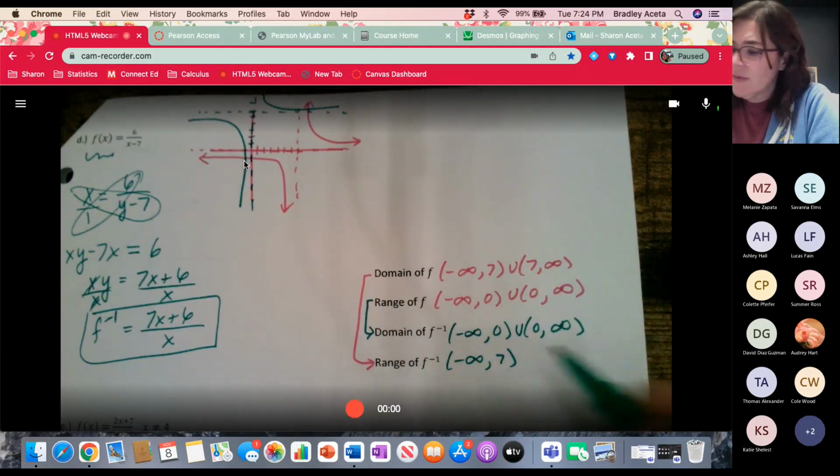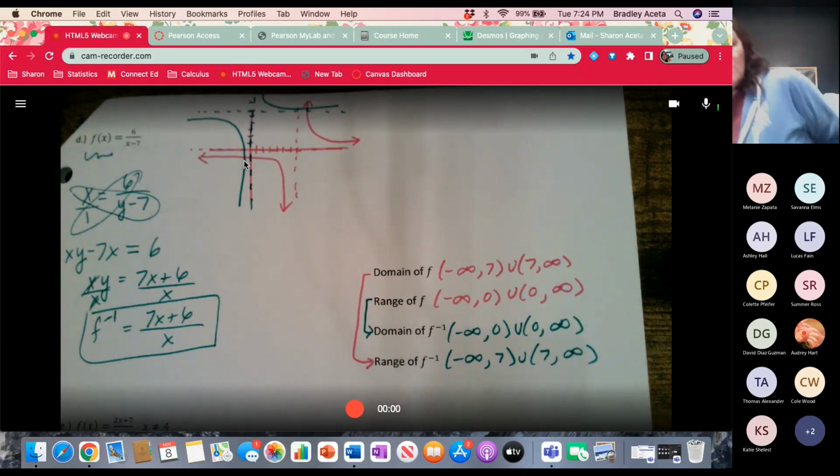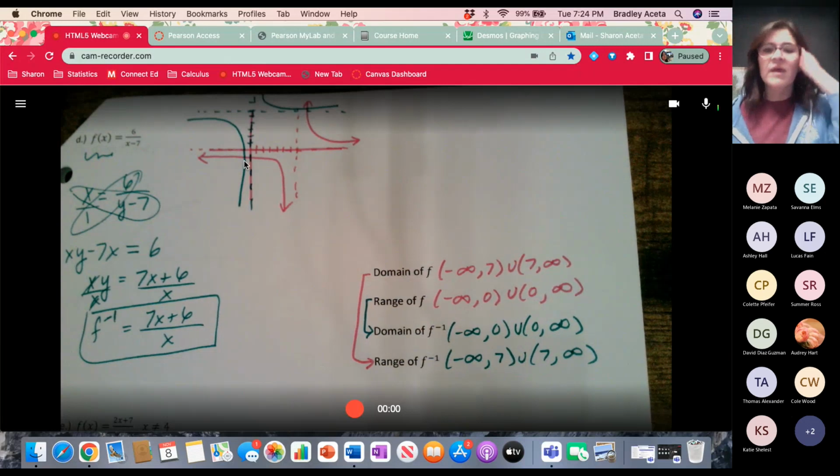Hey, that's the flip-flop of that. So just something, again, to be aware of in the back of your mind. The domain of the original now becomes the range of the inverse. The range of the original becomes the domain. And if you did it right, it will work out that way all the time. All right, one more of these.